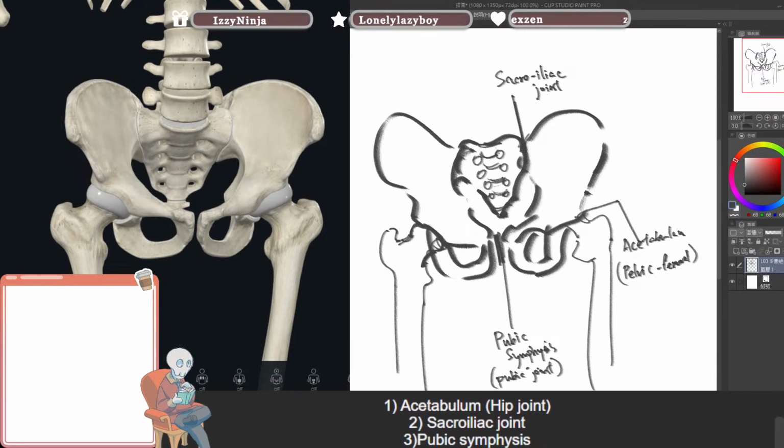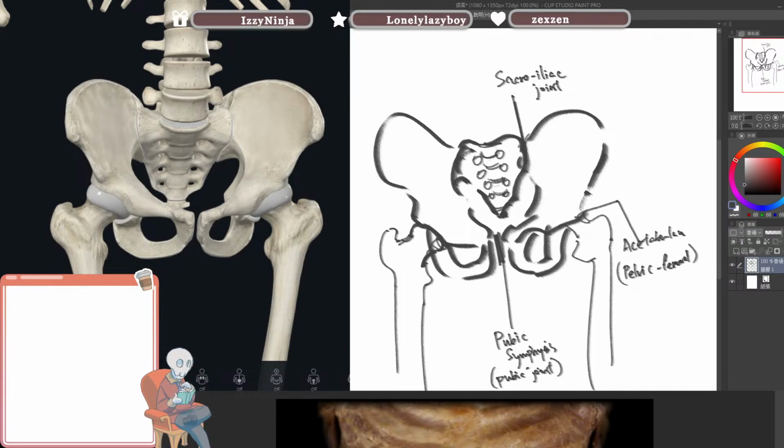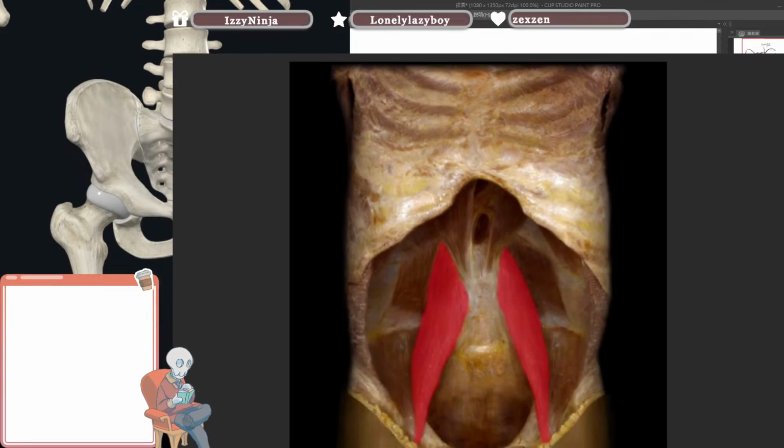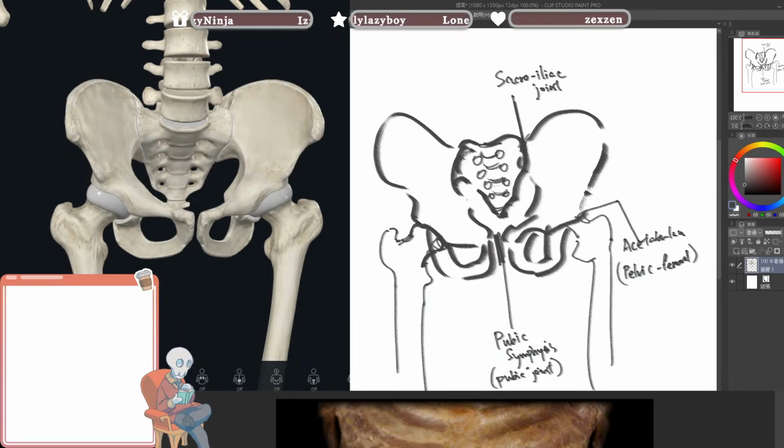Okay, next one would be the... I guess this is just the identification. This is not the part where I can draw stuff out. This is just identifying stuff. What was that?